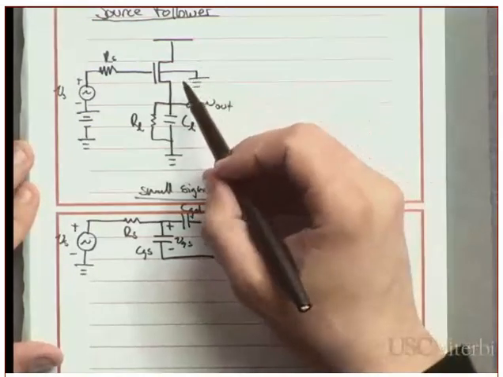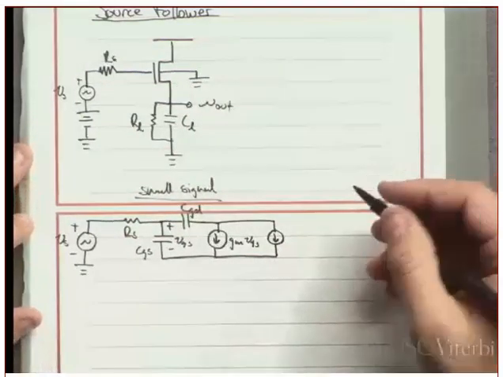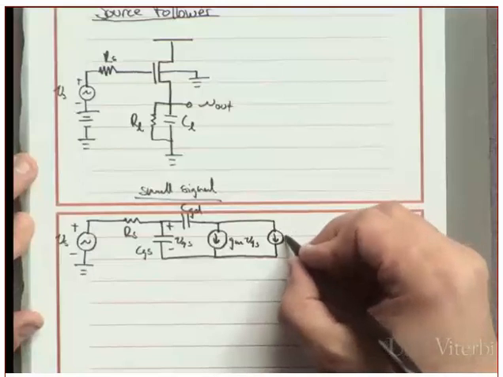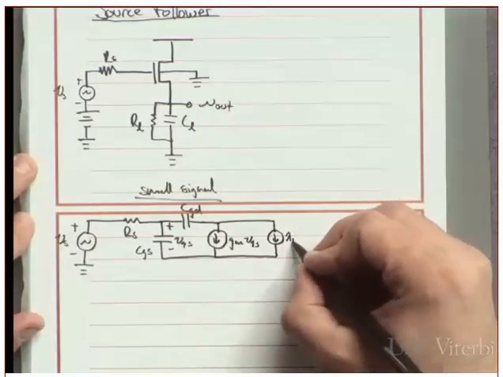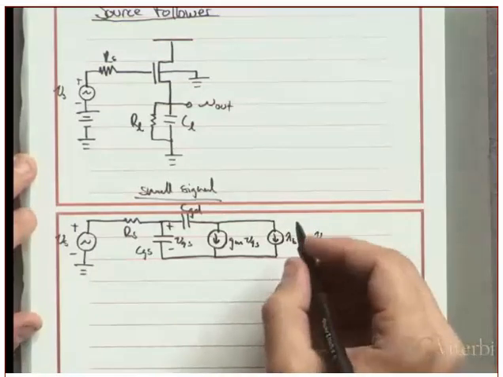That's why I noted that I was explicitly grounding that. So this is another generator that comes up from the bulk to source bias, VBS.